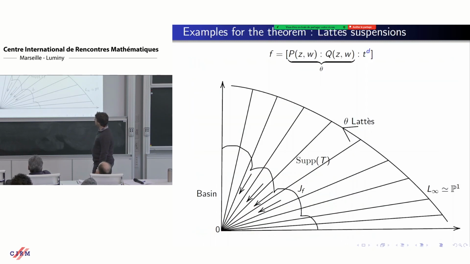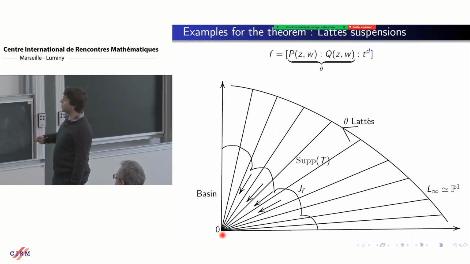Okay, so here you have some picture of the dynamics of a Lattès suspension. In fact, the Lattès suspension satisfies all the hypotheses of my theorem, so let me describe it very briefly. Here you have a basin of attraction, and the boundary of the basin is the small Julia set, the support of the measure mu.